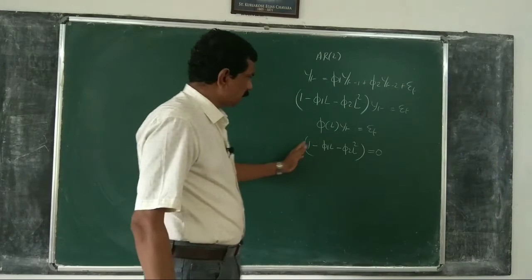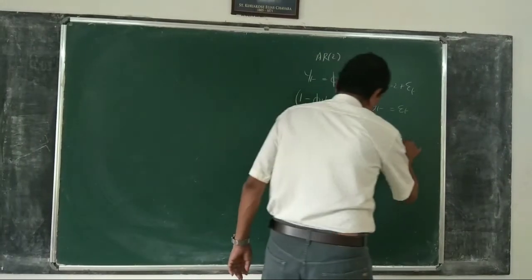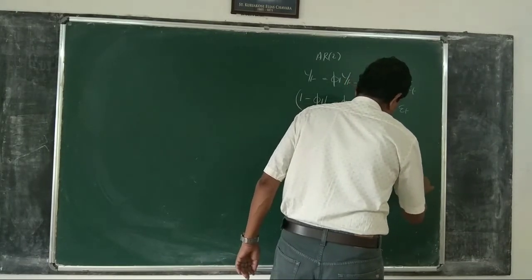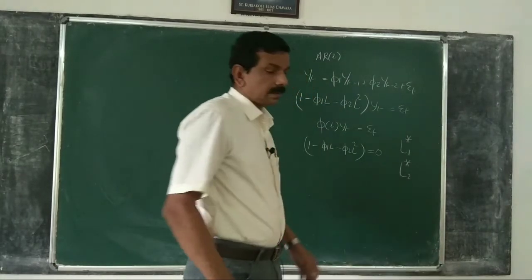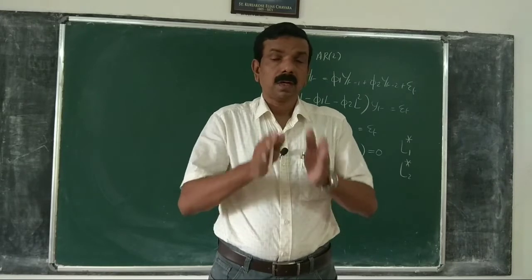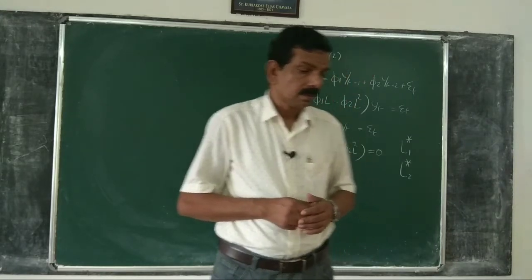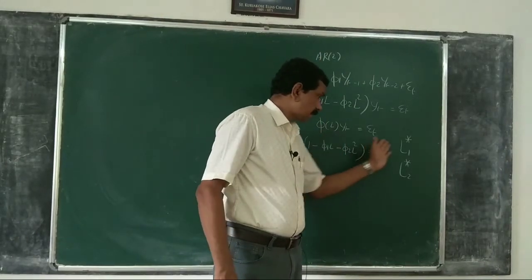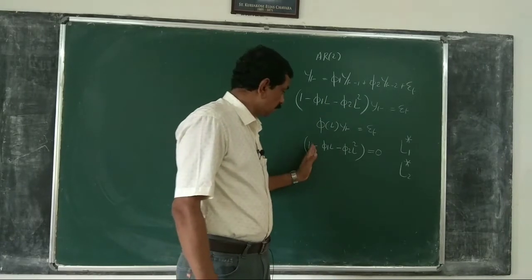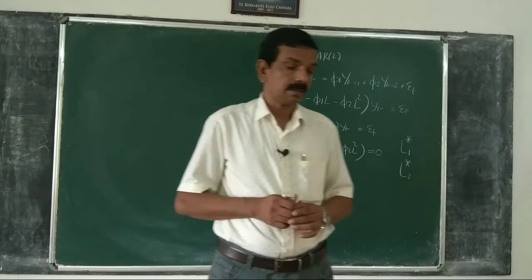As it is a second degree polynomial in L, you will get two roots, L star 1 and L star 2. Now the stability, the stationarity depends on the value of these roots. As we have discussed earlier, the stationarity of an AR(2) process depends on whether the roots have modulus, absolute value, greater than 1.